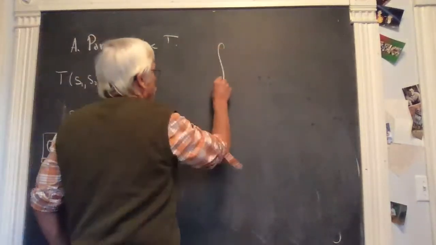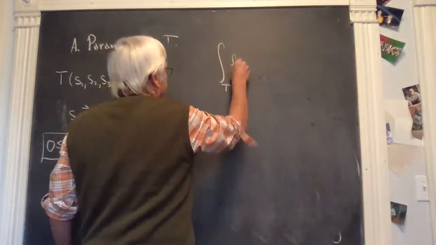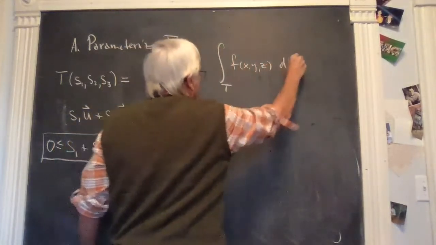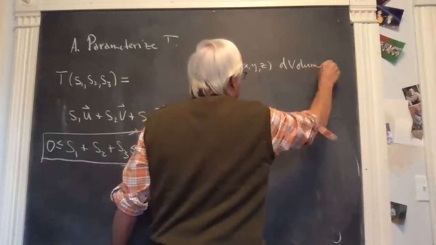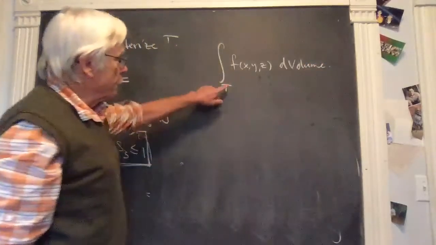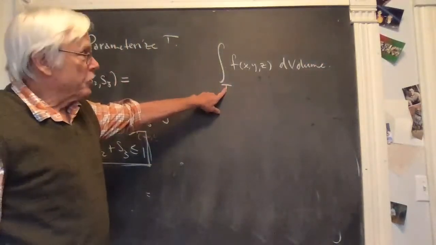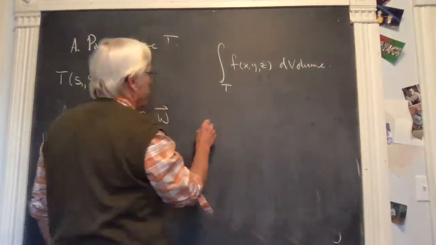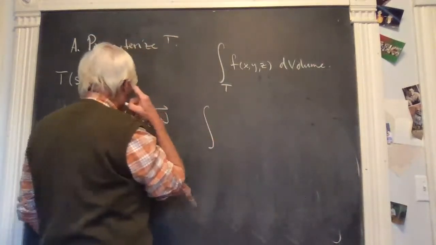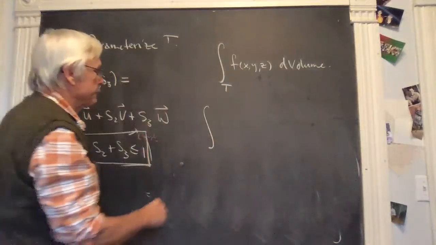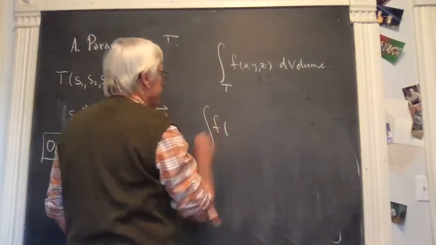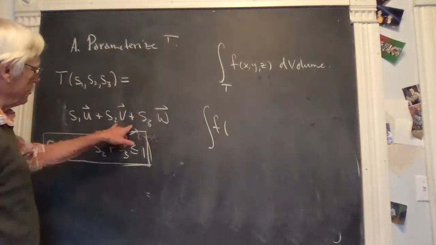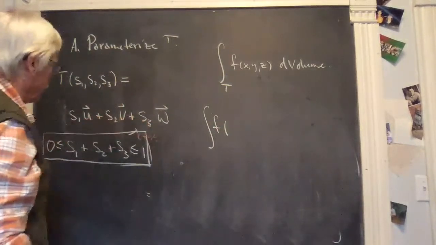So we have the integral over T of f of x, y, and z, d volume. If T is a rectangle, it's easy just to write this as an iterated integral, but it is not. So we parameterize, and then this becomes the integral of f of the x value. Let's see, what is the x value here?